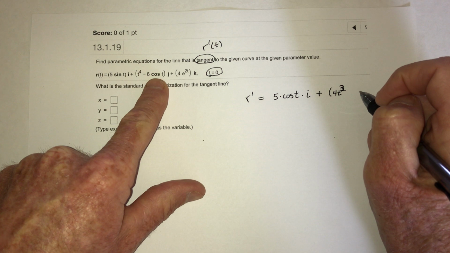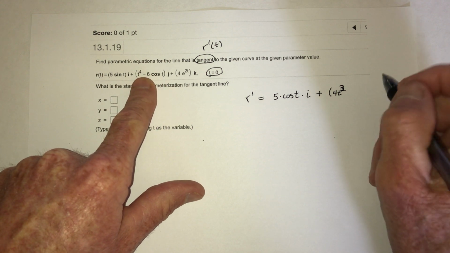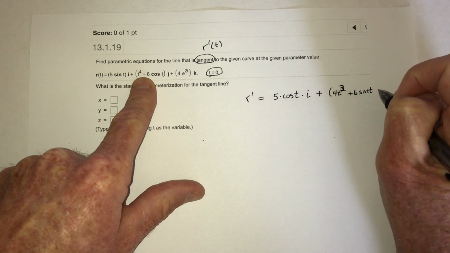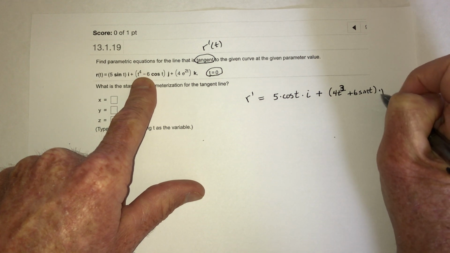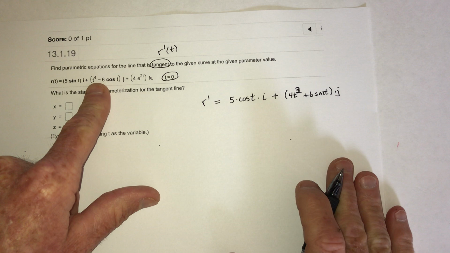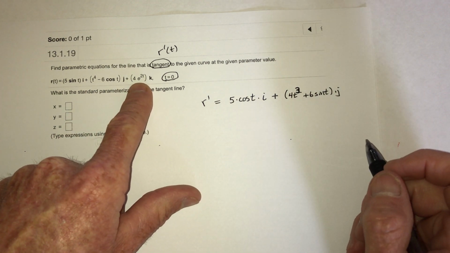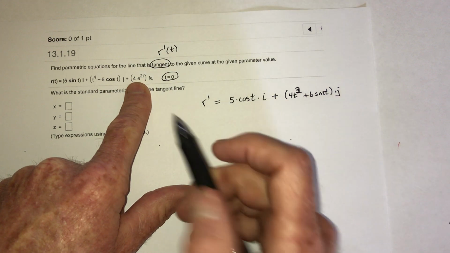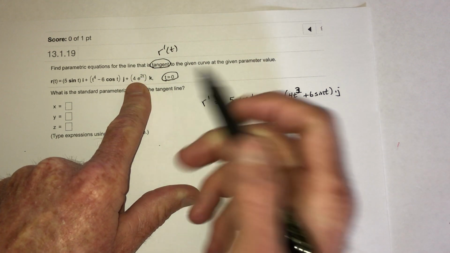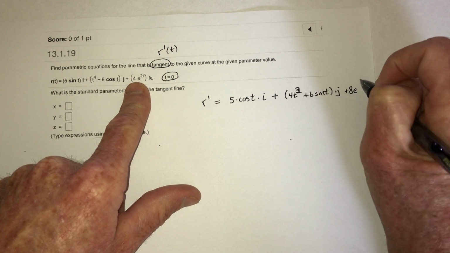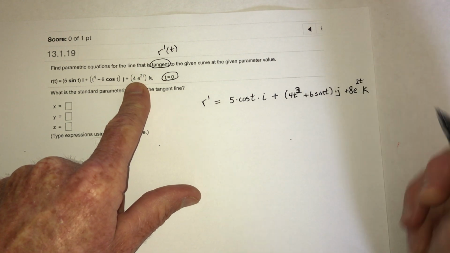And then the derivative of cosine is negative sine, so it's going to get rid of this negative, plus 6 sine t. That's for the j component. And then the derivative of e to the 2t is still e to the 2t, but the chain rule is going to put an extra 2 down there. So then it's going to be plus 8 e to the 2t for the k component.